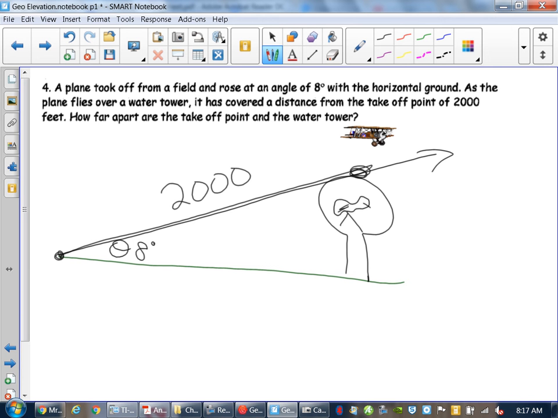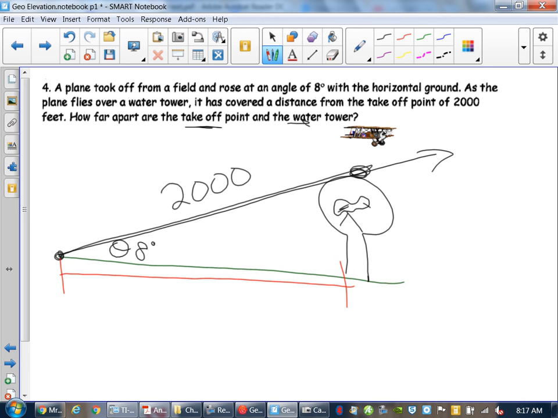The reason why it's saying that it can travel 2,000 feet is that if you're in an airplane and you're climbing, that's the direction that you're going. Because then the next question asks, how far apart are the takeoff point and the water tower? You're trying to find the horizontal distance between here and here. The base, if you will, in this case.